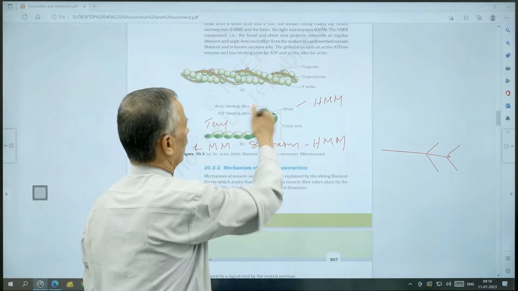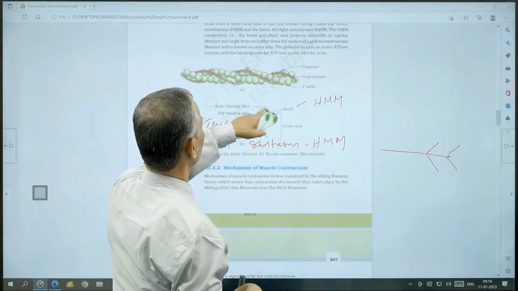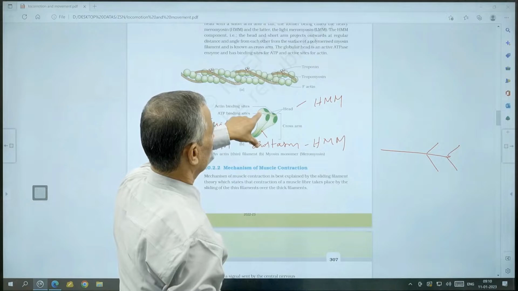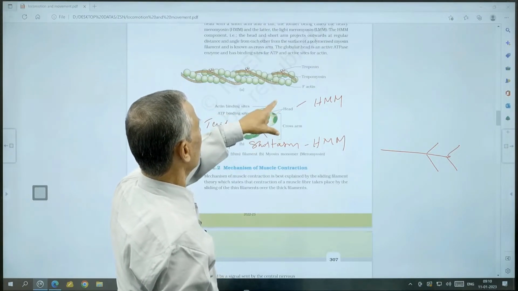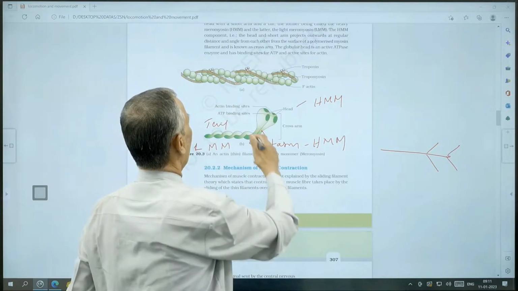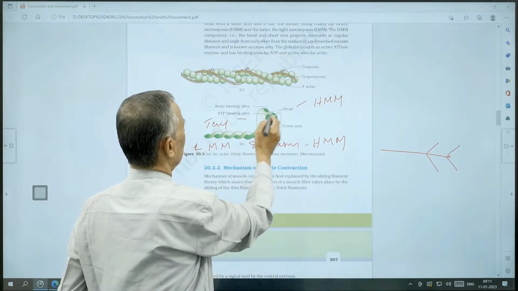On the head, you are having two sides. One side at the tip, you are having actin binding site. It is through this part that the head is coming in contact with the thin filaments, actin. And just below that, you have ATP binding sites.